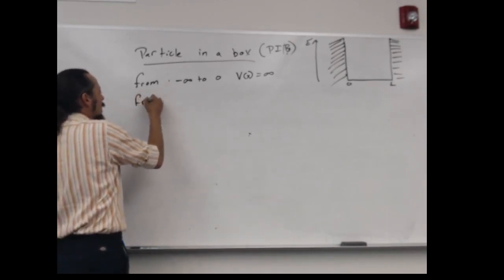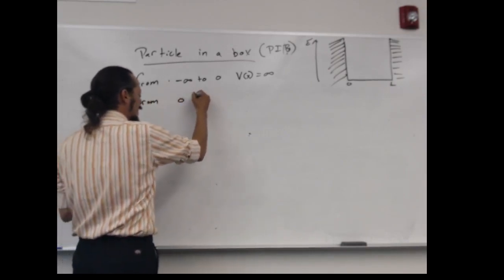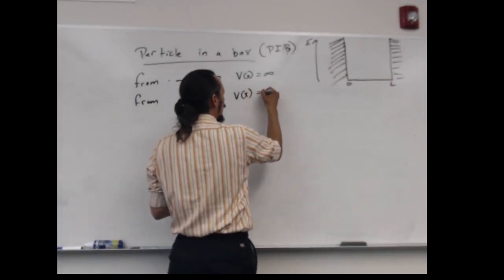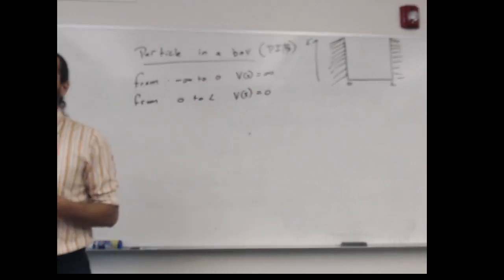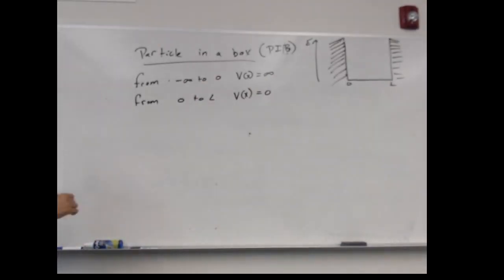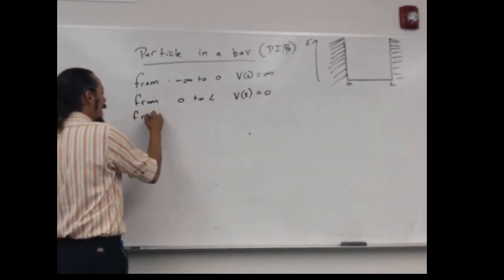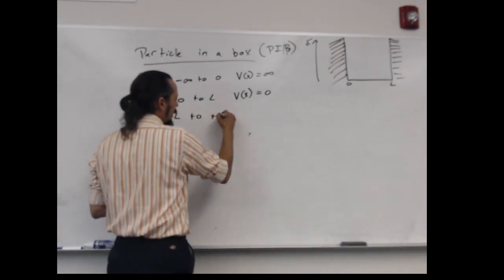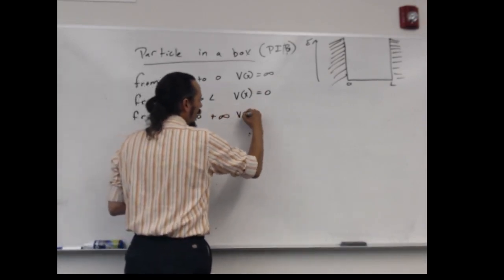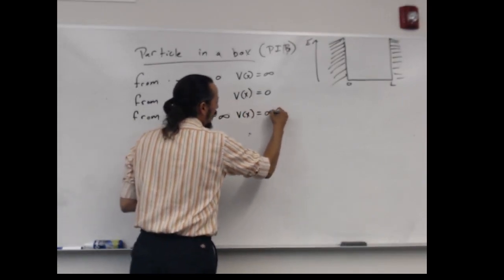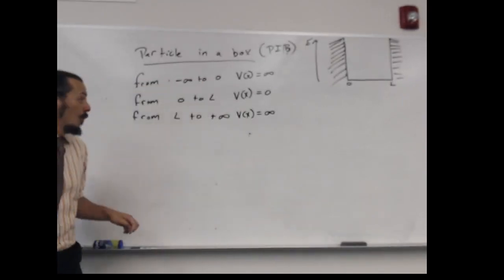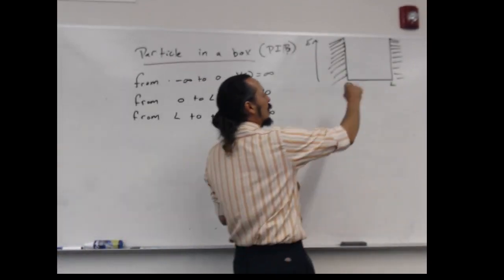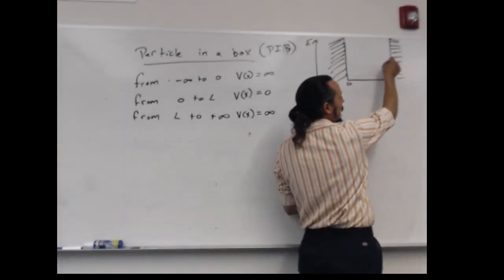Inside the box, our potential is 0, kind of like the free particle system we had. On the other side of the box, our potential is, again, infinity. So, essentially, if we had a particle trapped in here, it's stuck.